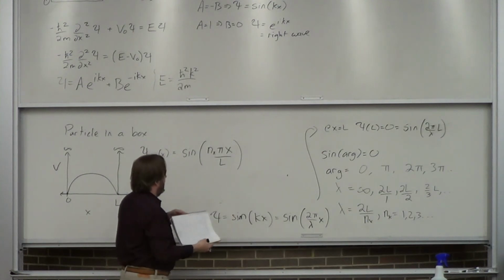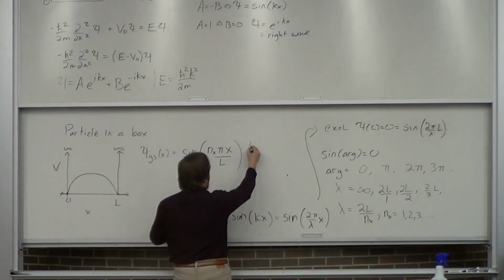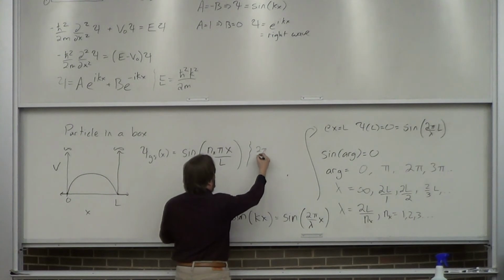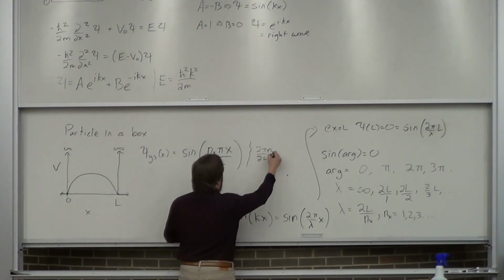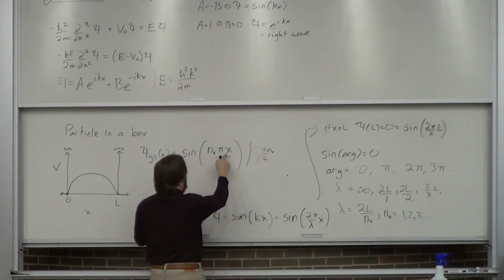Yeah, that makes sense. Right, so this is 2 pi over lambda, where lambda is 2L over n, and x. So that's n pi x over L.